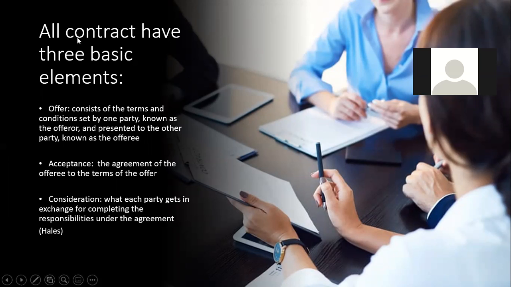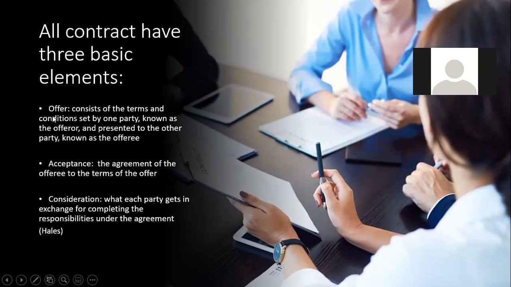All contracts have to have three basic elements. The first one is the offer. It consists of the terms and conditions set by one party, known as the offerer, and those conditions are presented to the other party, which is the offeree.